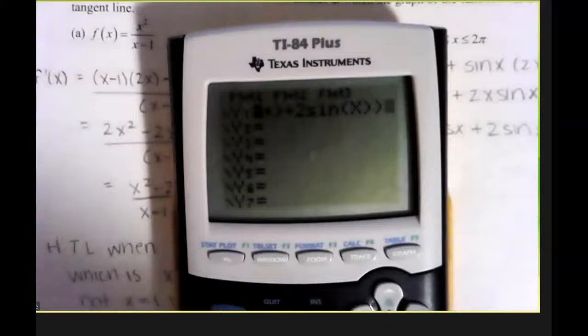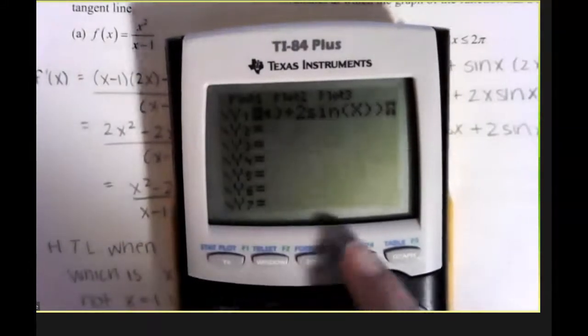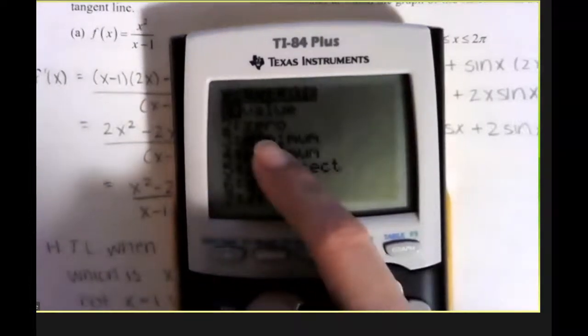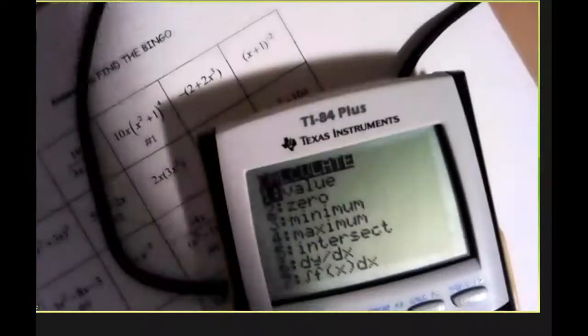And then in order to find the zeros of that function, what you have to do is after you get your graph on your screen, you need to use second trace, and you're going to go to 0. Move that into the light. There we go.